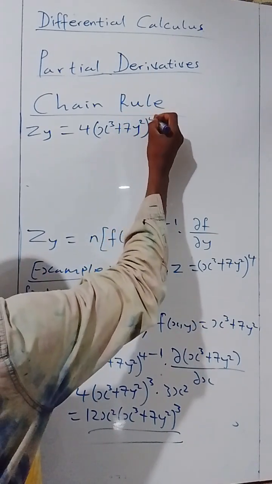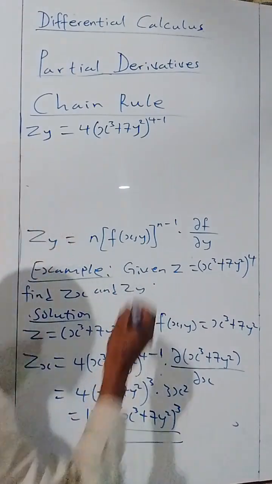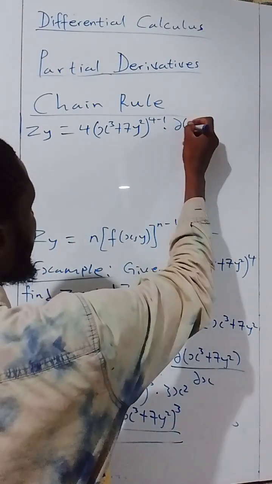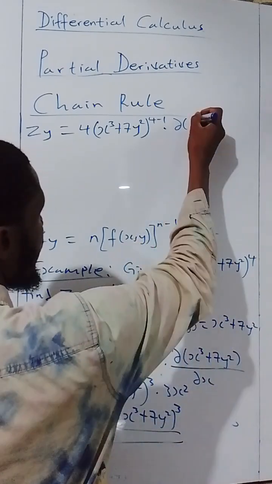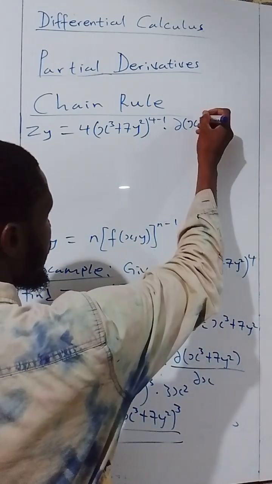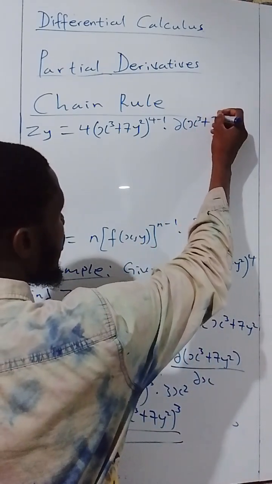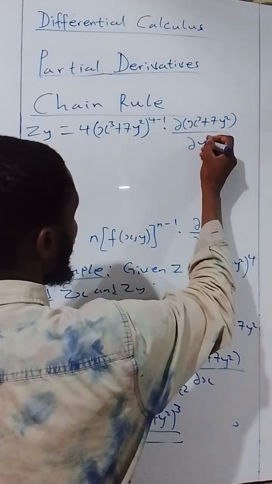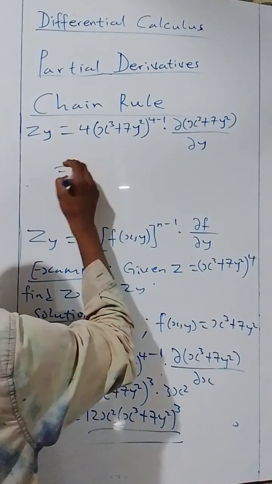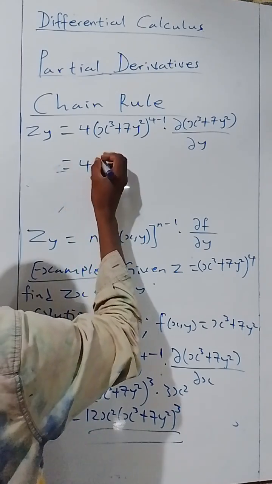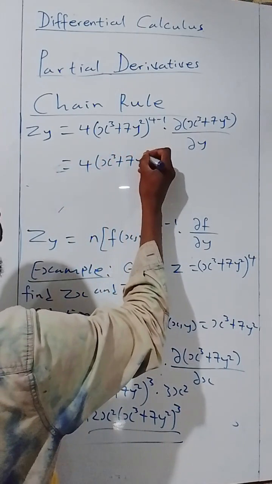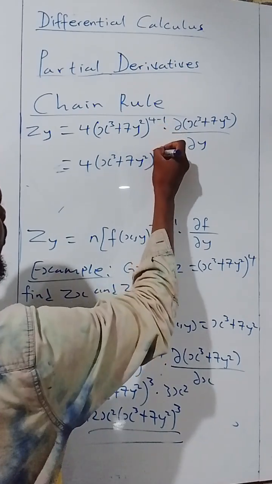You have 4 minus 1, right? Then multiply by the partial derivative of what we have here in the bracket, f, that is x raised to the power 3 plus 7y squared, with respect to y. So this is equal to 4 times the bracket x raised to the power 3 plus 7y squared, raised to the power 3.